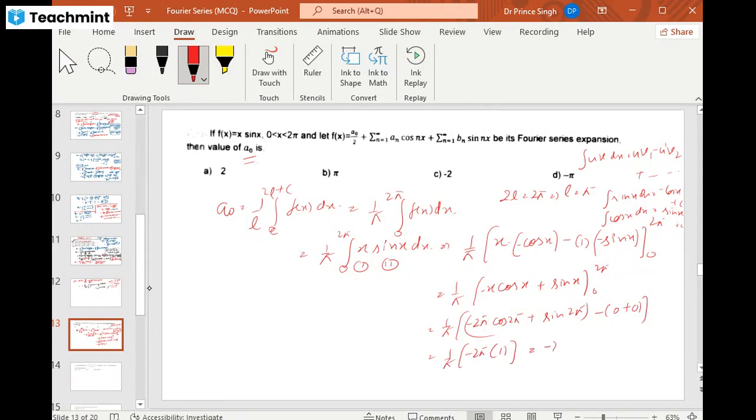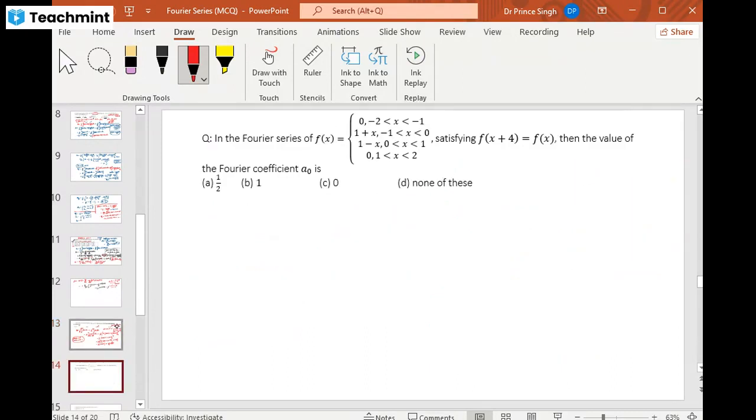So the answer comes out to be minus 2 pi by pi, that is minus 2. Because cos n pi is minus 1 raised to power n. So what about cos 2 pi? Minus 1 squared, its value is 1. Okay, so this is the value of the Fourier coefficient.